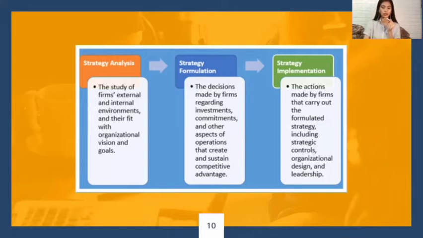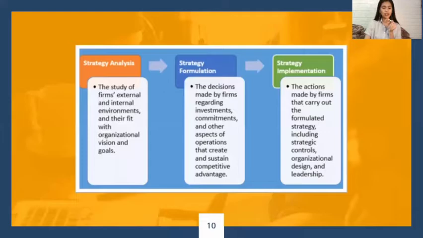Next is strategy formulation. The decisions made by firms regarding investments, commitments, and other aspects of operations that create and sustain competitive advantage. Next is strategy implementation. The actions made by firms that carry out the formulated strategy, including strategic controls, organizational design, and leadership.